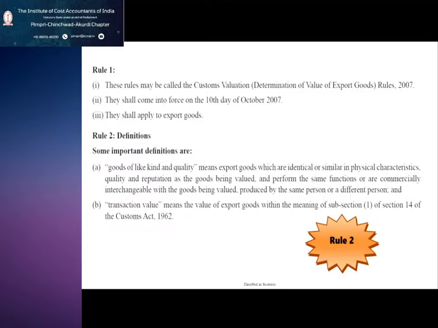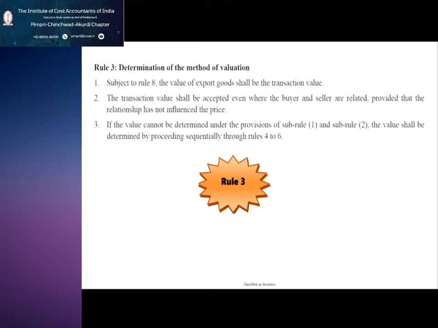Now these are definitions only: export goods which are identical or similar in characteristics, quality and reputation as the goods being valued, and perform the same functions or are commercially interchangeable with the goods being valued, produced by the same person or a different person. Then determination of the method of valuation.